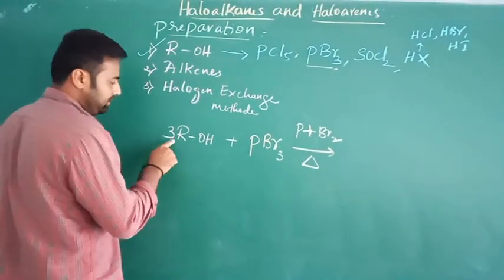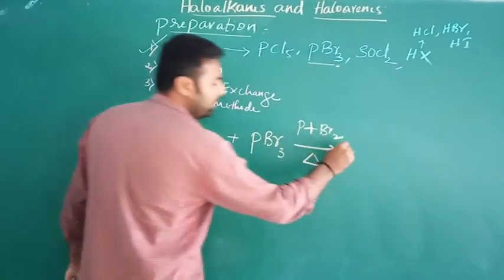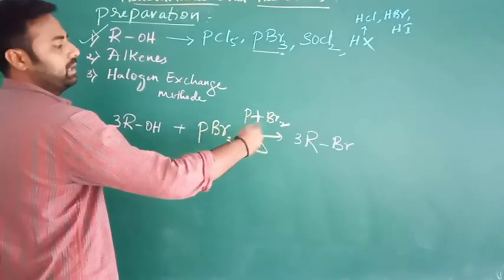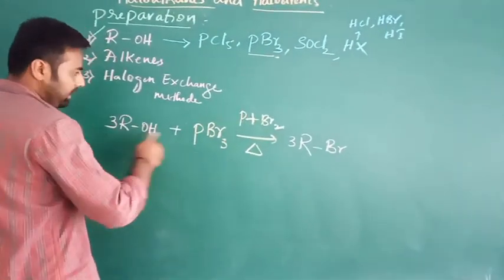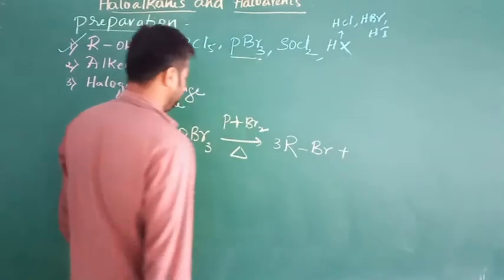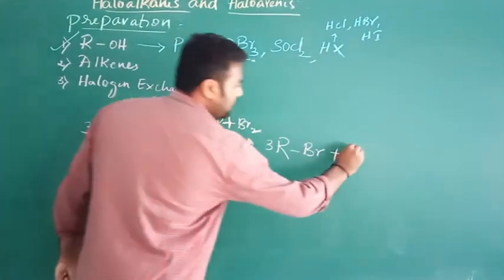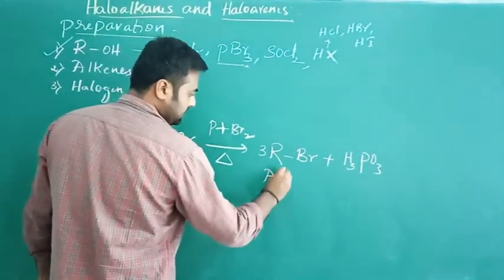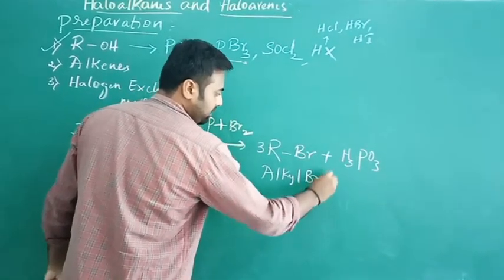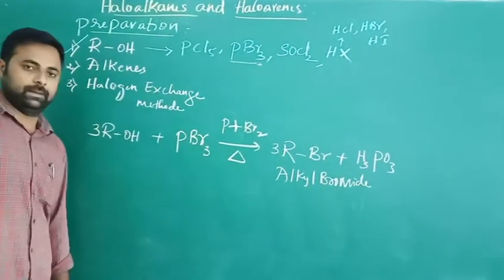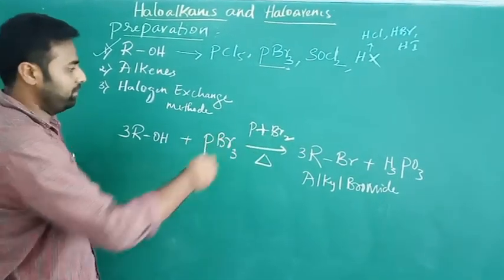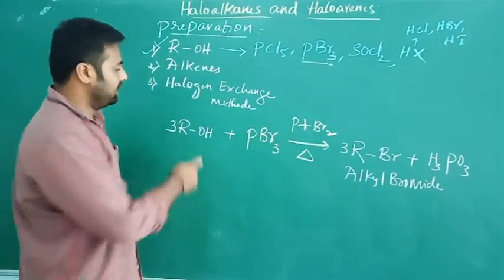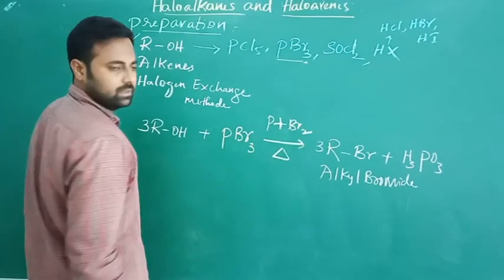That will give the 3 alkyl groups combined with the 3 bromides, that leads to the formation of 3 RBr, meaning 3 molecules of alkyl bromide will form, and the remaining product will be H3PO3, that is phosphorus acid. This is called alkyl bromide. This is one of the preparation reactions of alkyl bromide from alcohol and phosphorus tribromide. When these alcohols are heated with phosphorus tribromide, that gives that product.